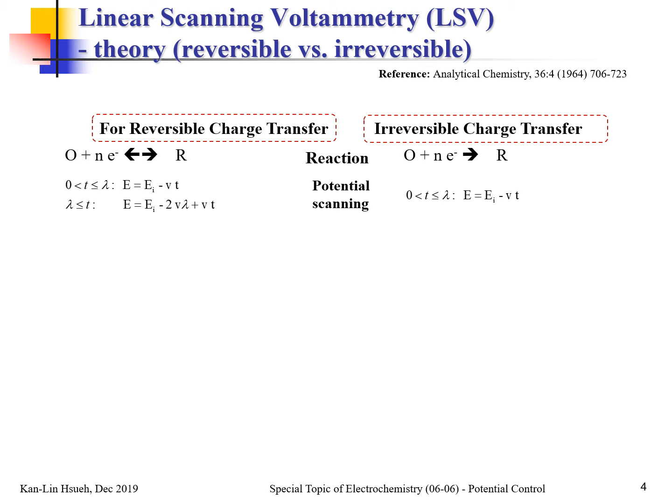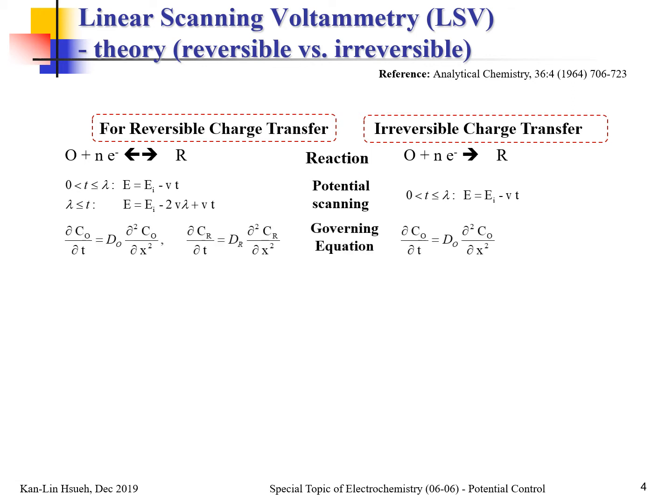For the potential scan, since the reaction is reversible, we can scan the potential back. The irreversible reaction is just scanned from one direction. And for the governing equation, since it's reversible, we have to consider the material balance of the R species as well. But for the irreversible case, we only consider the O species.